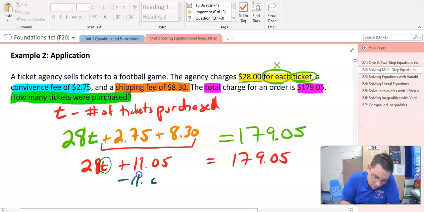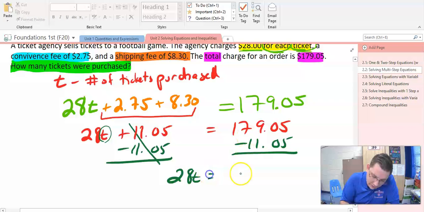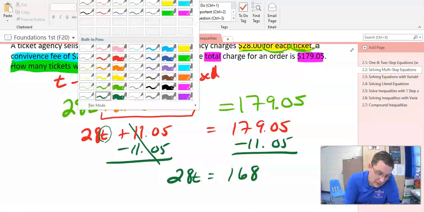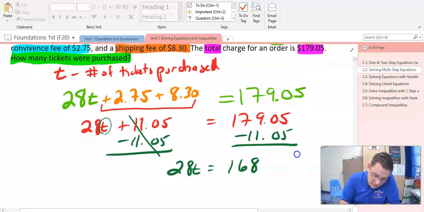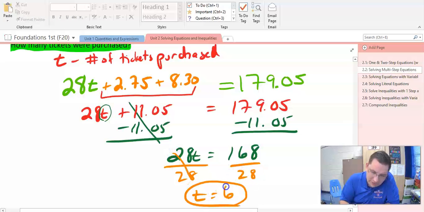And so I'm going to subtract this 11.05. And so when we do that, this will cancel. And I've got my 28t is equal to $168. And so then finally we're going to divide both sides by 28. And so t is equal to 6 when we do 168 divided by 28.